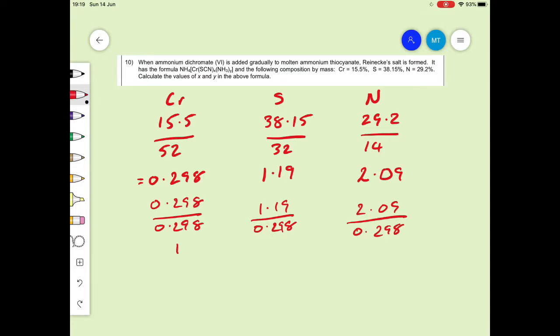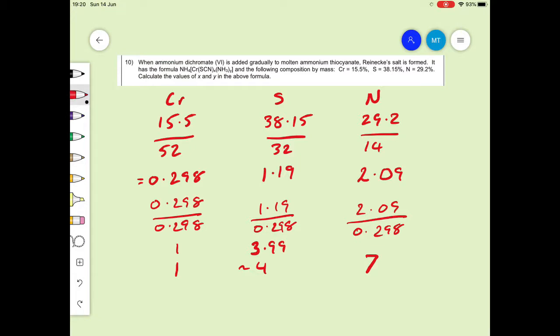If we bash those into the calculator, the next one is 3.99, which is almost exactly 4, so we'll use 4. And the last one is 7. So we've got a ratio of 1 to 4 to 7.